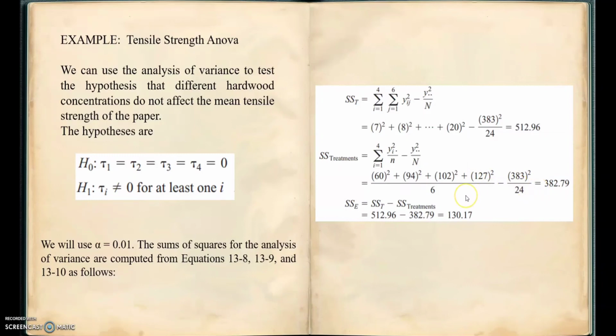To get the sum of squares error, we just need to subtract the sum of squares treatments from the sum of squares total, which is 512.96 minus 382.79. So overall, our value for the sum of squares error is equal to 130.17.